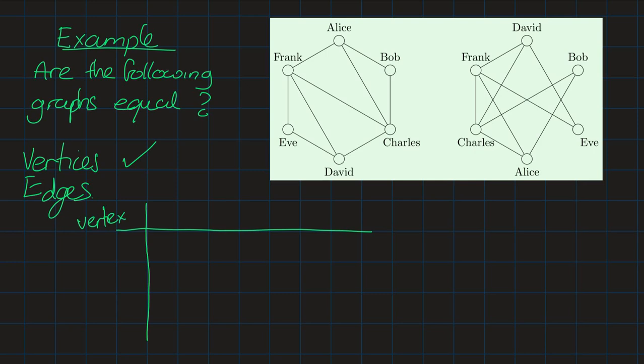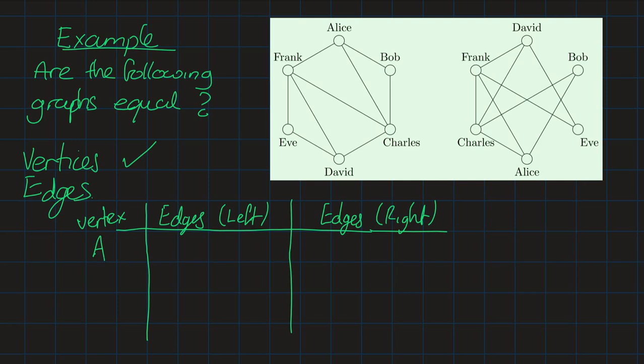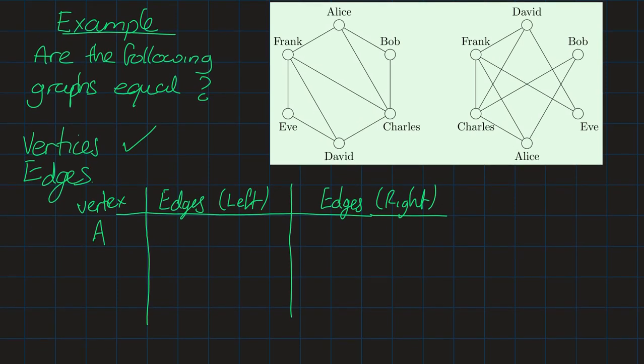What's going to be in my table is a list of all the vertices and then all the edges in the left graph and all the edges in the right graph. I'm not going to write people's full names, I'm just going to write A for Alice. In the left graph, Alice has an edge to Bob, Charles, and Frank.